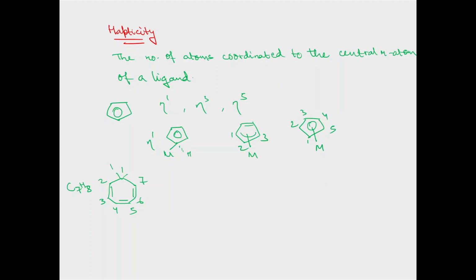Here, two hydrogens are present. So this is the C7H8 ligand. Now this C7H8 can also coordinate in either eta 1 fashion, eta 3, eta 5, right? And also it can coordinate in eta 6 fashion as well.